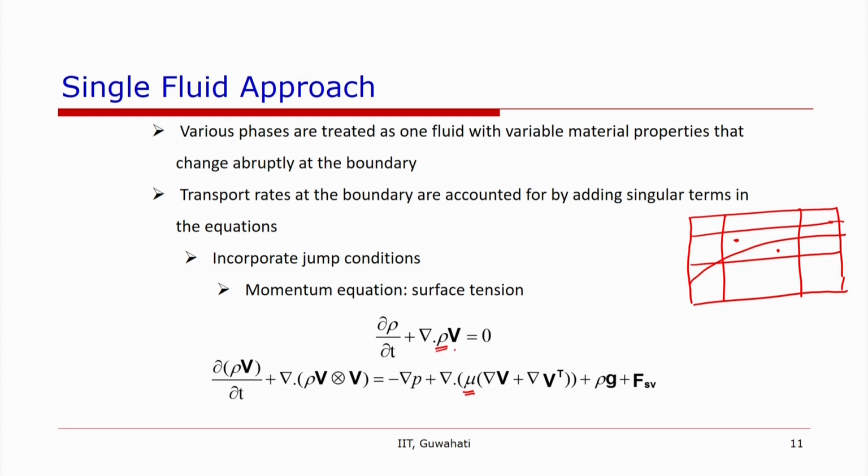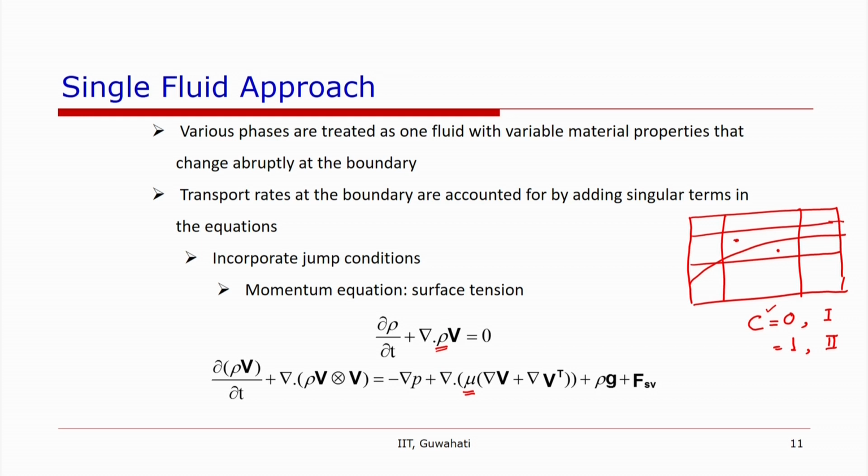So, if it is in fluid 1, then we use rho 1. If it is fluid 2, then we use rho 2. Similarly for mu. So, the properties are variable, and we have to define it such that we have a marker function C which is 0 in fluid 1 and 1 in fluid 2. Once we have identified based on the marker function which fluid we are in, we can use the properties of those fluids in these equations.